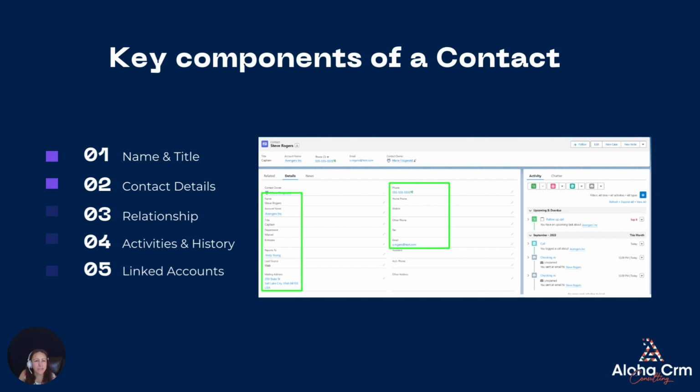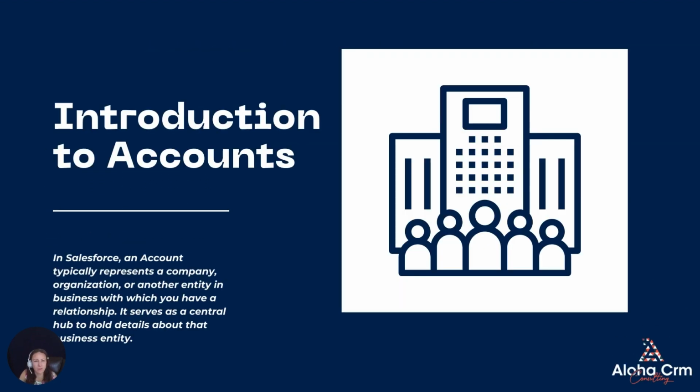And then you'll see things like linked account, which you can see the direct account on the left-hand side is listed, and then there's the potential to relate additional accounts, and that would be listed under the related tab if set up that way.